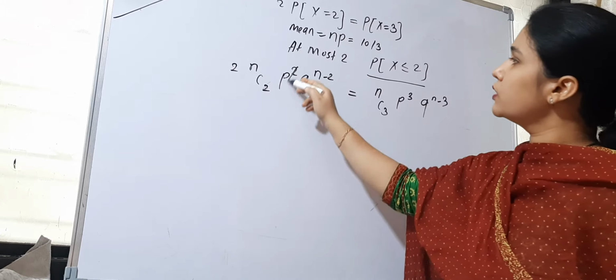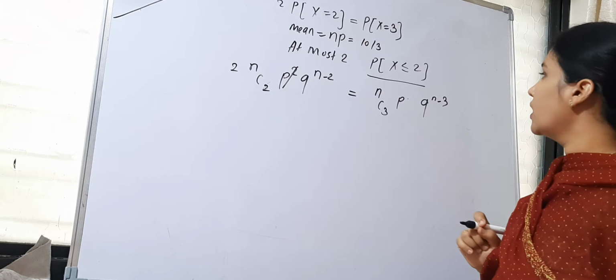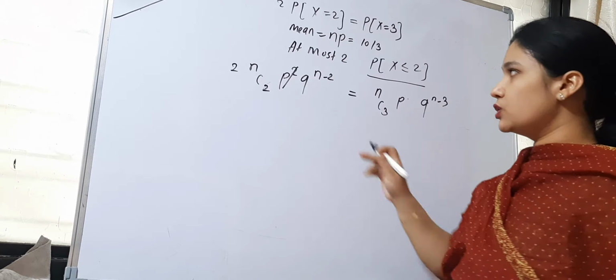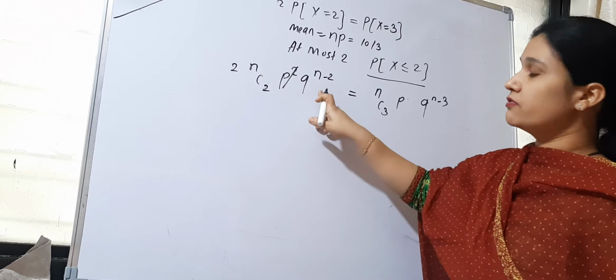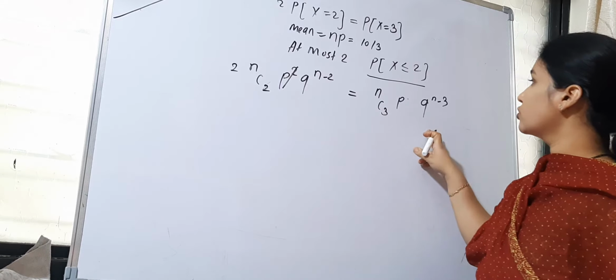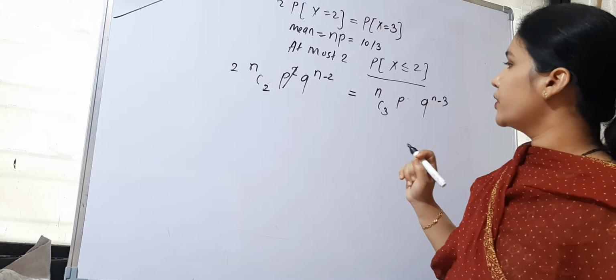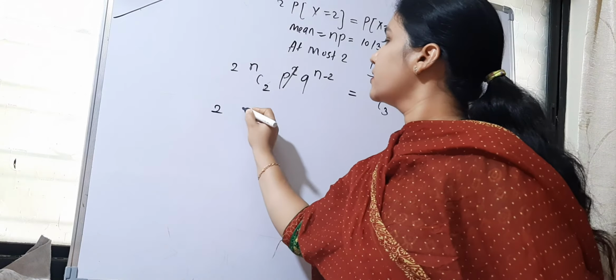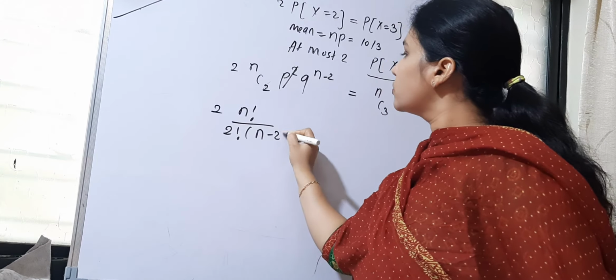See, this p to the power 2 gets cancelled with this, here only single p will remain. Q to the power n minus 2 and this is q to the power n minus 3. This is larger, q to the power n minus 2 is larger. Now one more thing, nC2, we will write nC2, n factorial upon 2 factorial n minus 2 factorial.